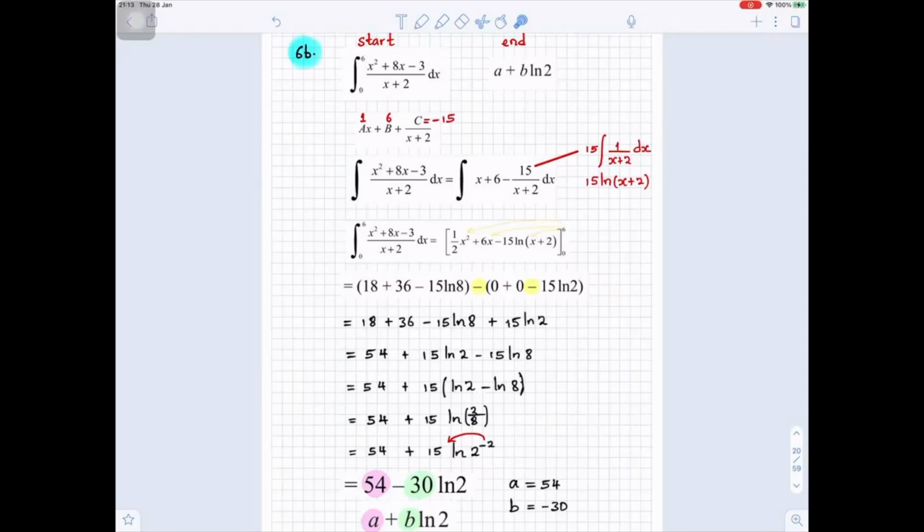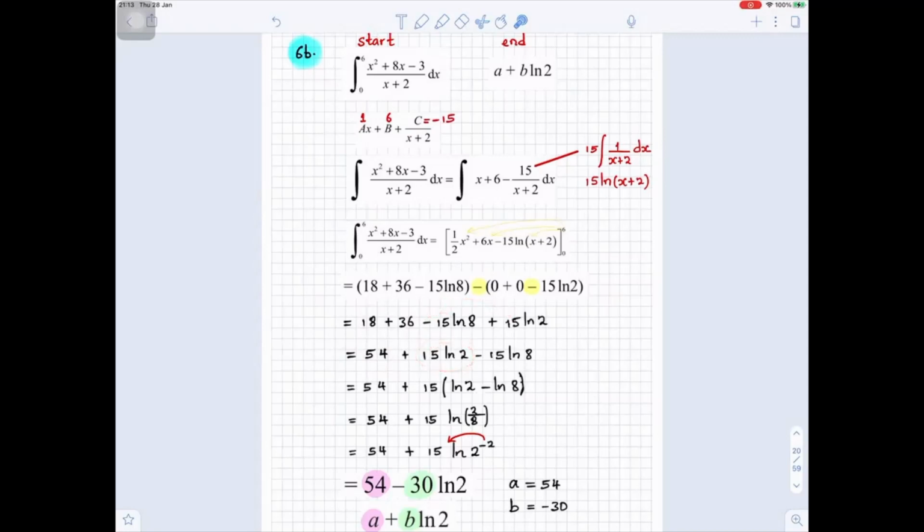Now we can remove the bracket. So 18 plus 36 minus 15 ln 8. Minus and minus will become a plus, plus 15 ln 2. 18 plus 36 gives you 54. 15 ln 2 can come in front.